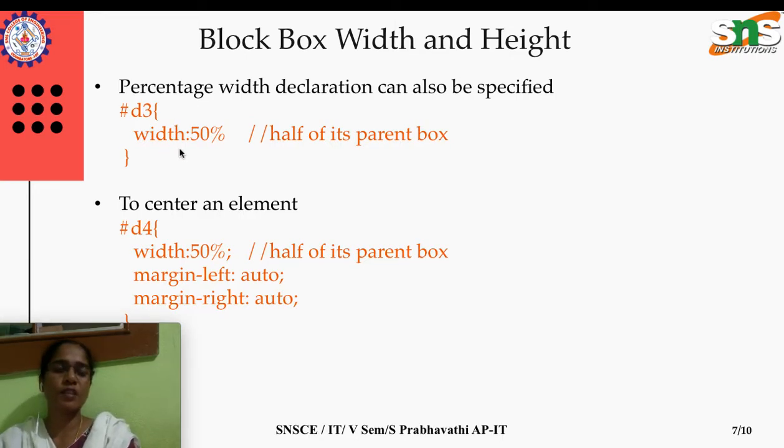This percentage is based on its parent value. Suppose in div 3 we have given the id as d3. We can change its width to be 50%, which means relative to its parent. When the parent is 100% width, half of that width will be this div 3.